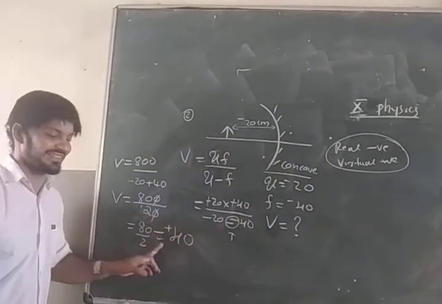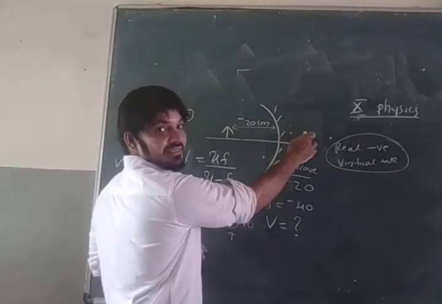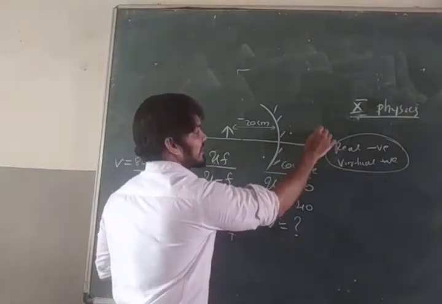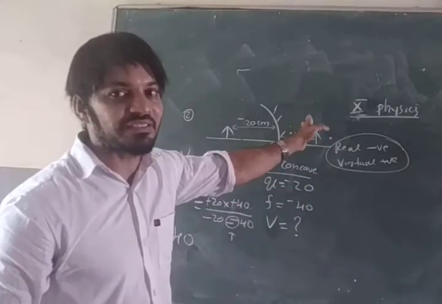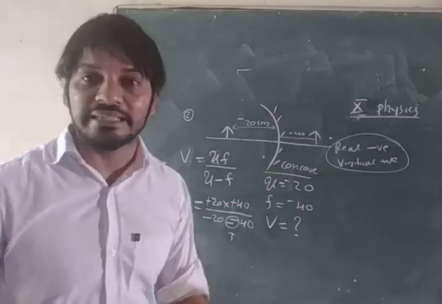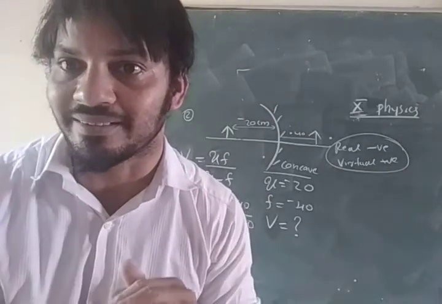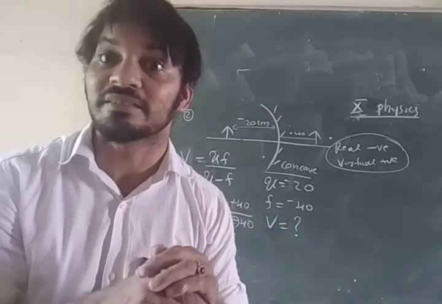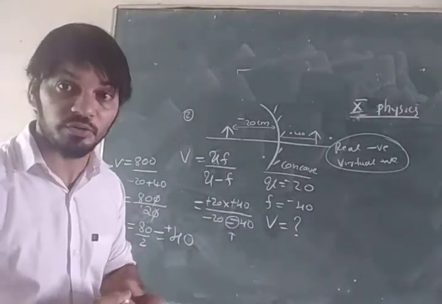Plus 40. Here 40, plus 40 means plus sign. The image is not getting on the screen, the image is getting inside the mirror. So it is erect virtual. You have to write the position asking, position of the image.